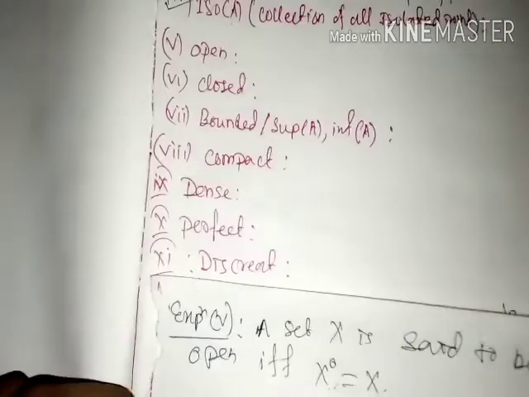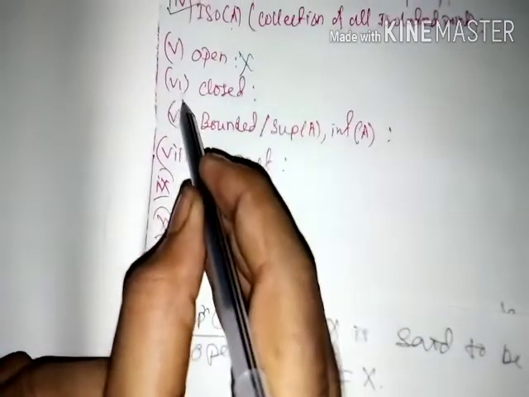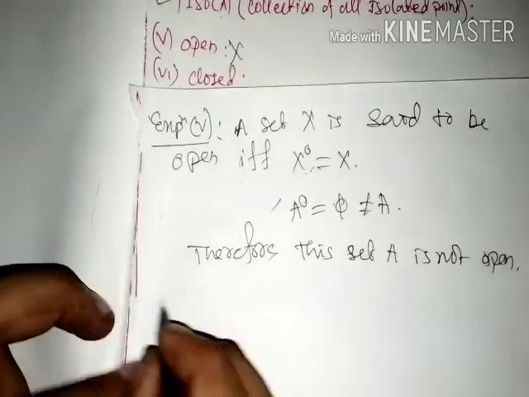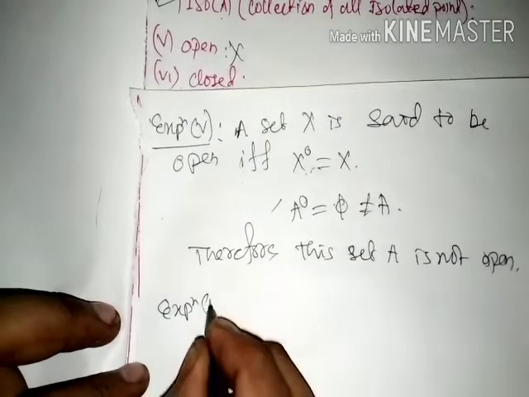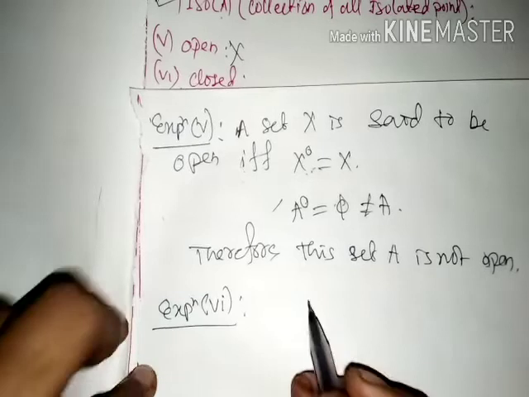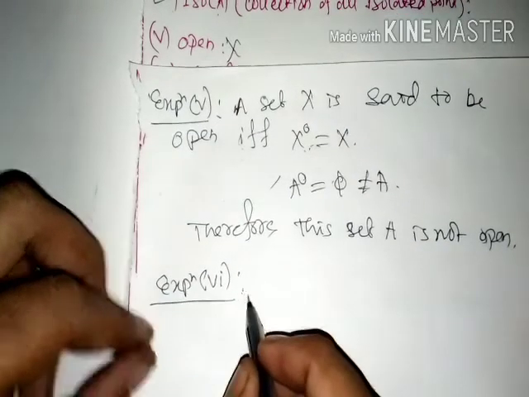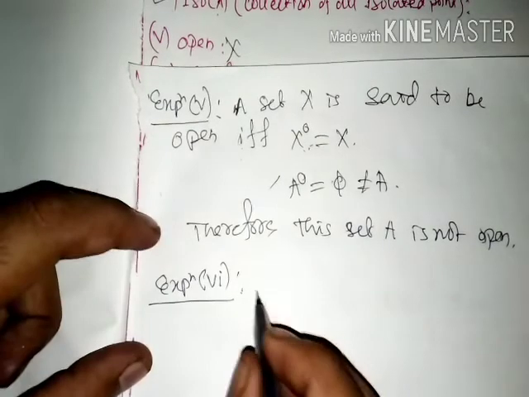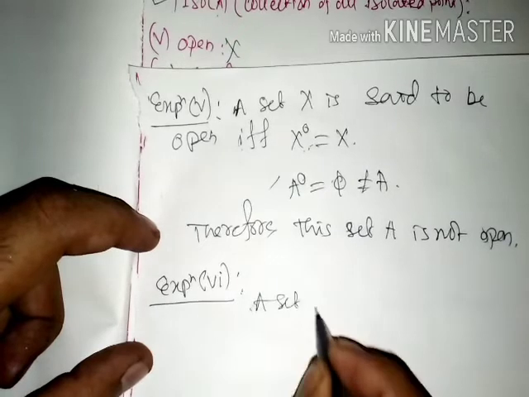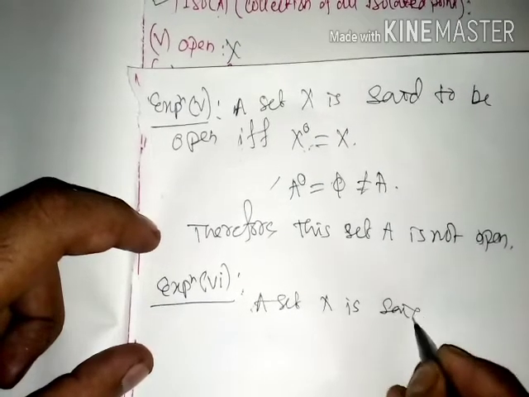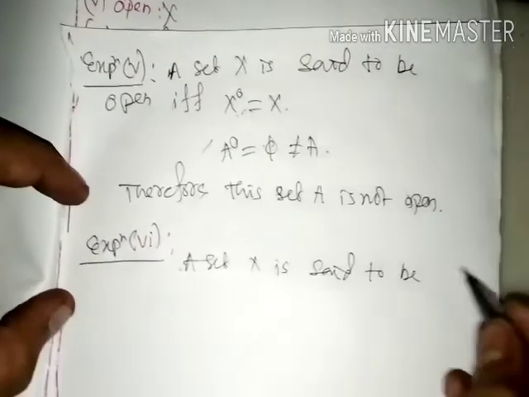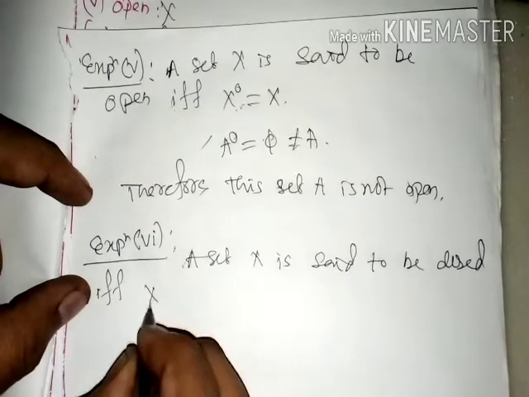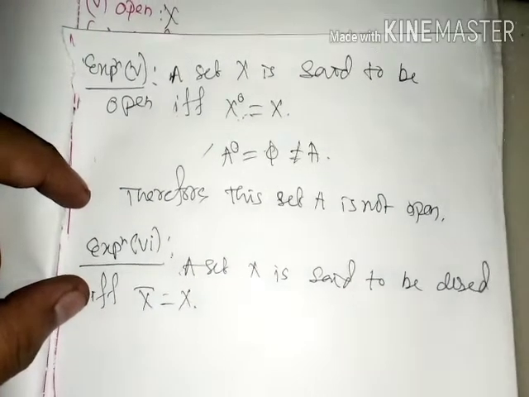Next, we verify whether this set is closed or not. Explanation of option 6. To check this, first we know a result. A set X is said to be closed if and only if X closure is equal to X. What we get?